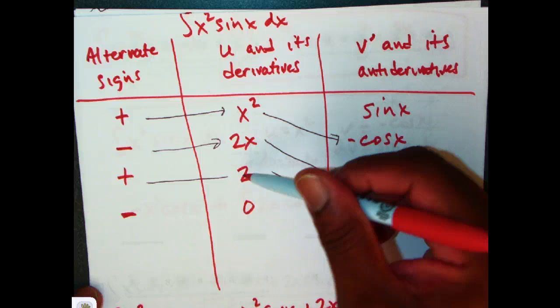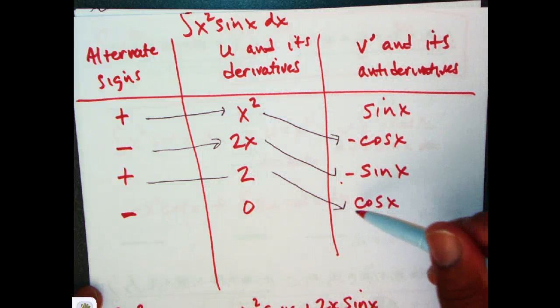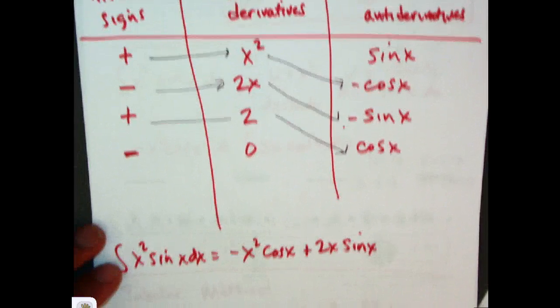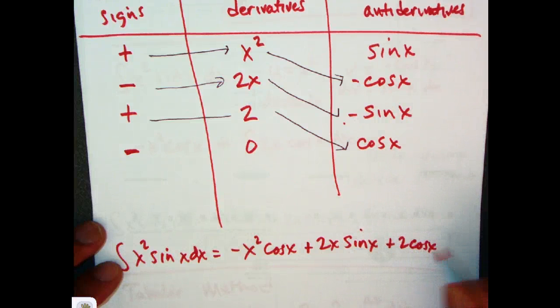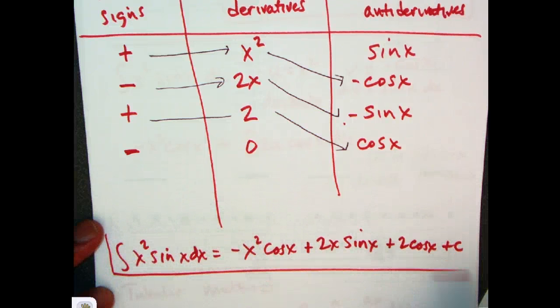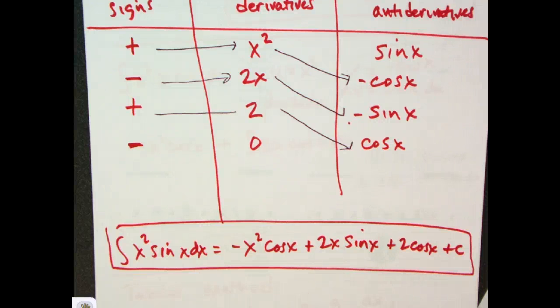Positive times 2 is positive 2, times positive cosine of x is positive 2 cosine of x. So that is plus 2 cosine of x and plus c. And then if you take a look at the answer that we just did without the tabular method, you'll see that this is exactly that answer.